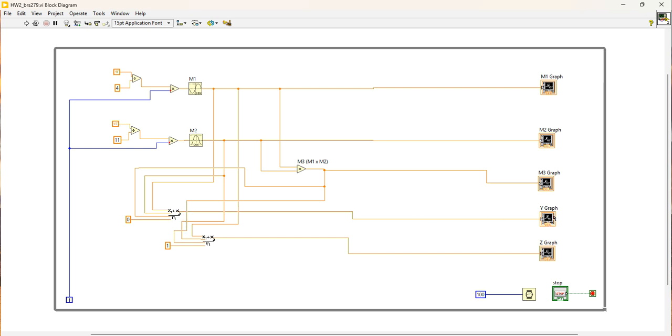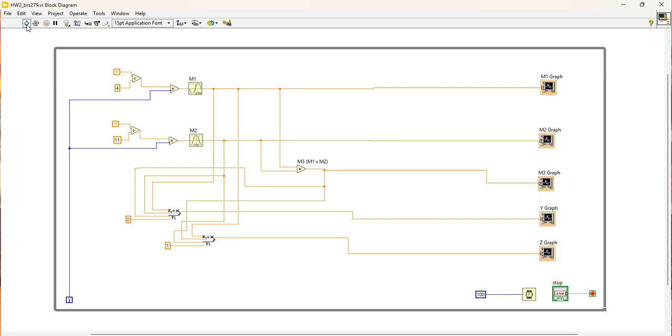And then that's fed into the graph of Y over here. And then this second sub-VI takes 1 as its control input, and it's fed into the Z graph here at the bottom. Also, a wait block was added here with a control of 100 fed into it, just so that all of the sinusoidal graphs, when the code is run, don't go too fast.